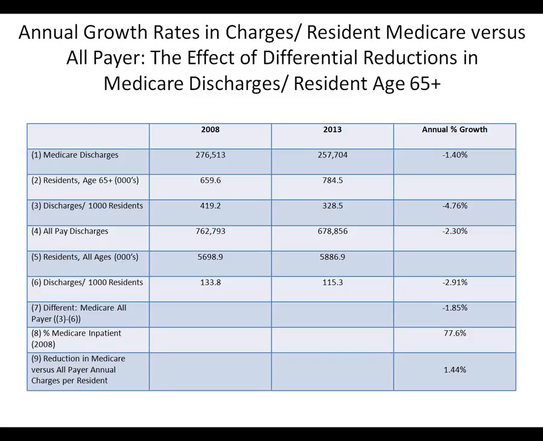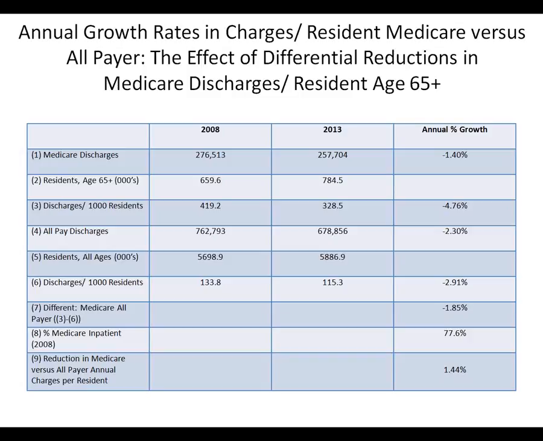Now, of course, we need to adjust that 1.44% down because the discharges that were eliminated generally had a lower case mix, probably about 0.8 or so. And so the amount that this differential reduction in discharges accounted for relative to the overall difference statistic is probably a little bit more than 1%.